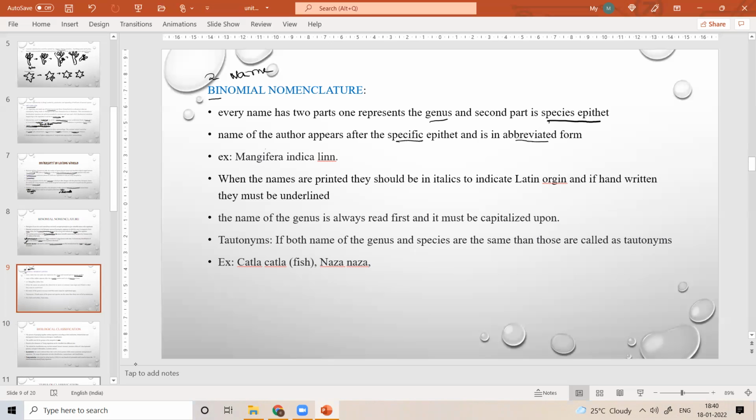Here is an example, Mangifera indica. Here Mangifera is the genus and indica is the species, and Linnaeus discovered and described the plant. Mangifera indica is nothing but the mango.